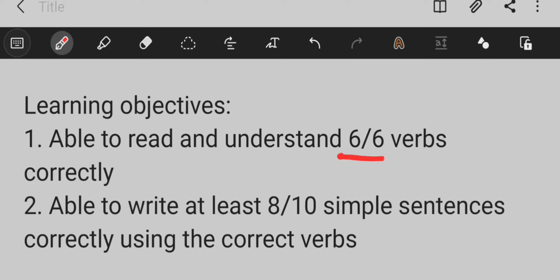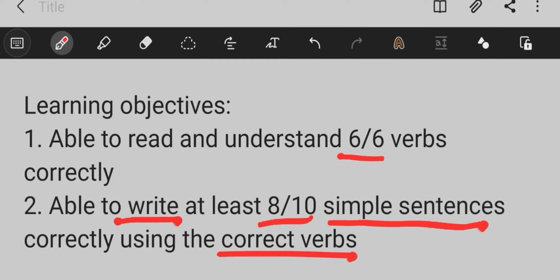And number 2, you should be able to write at least 8 out of 10 simple sentences correctly using the correct verbs. Simple objectives really, to read and understand the verbs and to write simple sentences using the correct verbs.